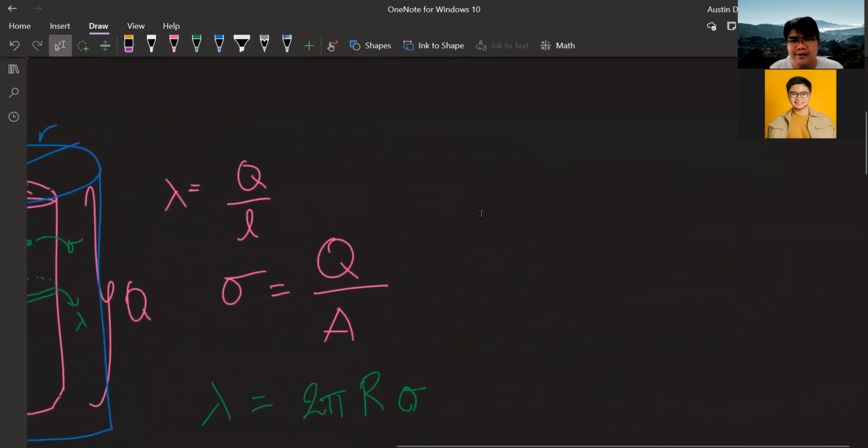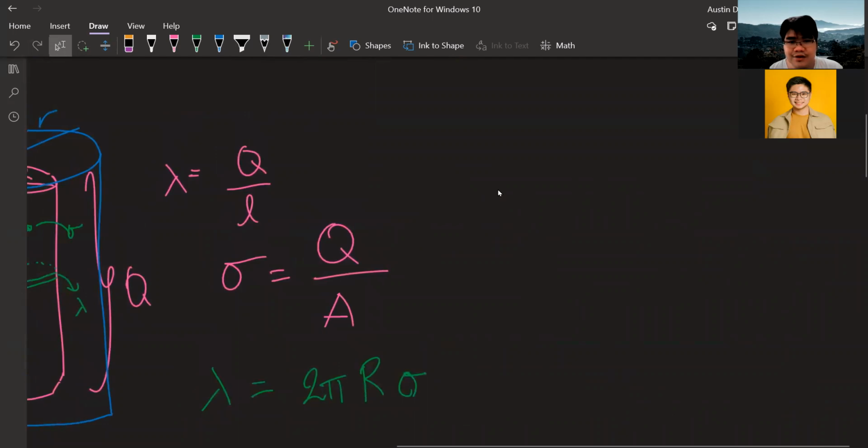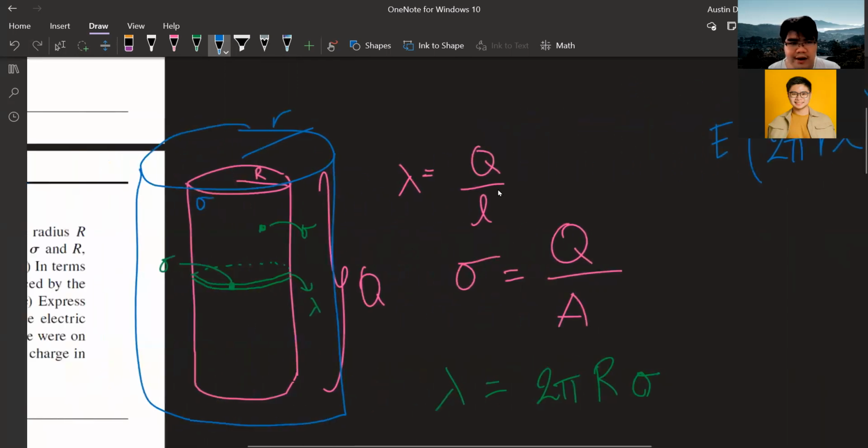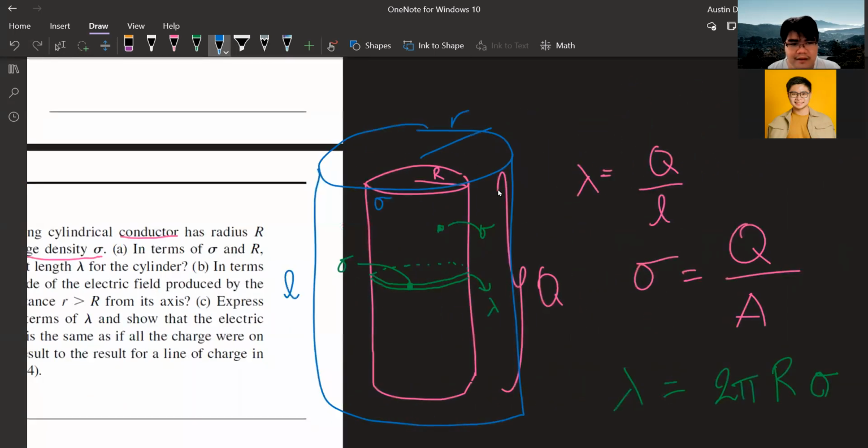Okay, kasi kahit gano'n kalaki yung Gaussian cylinder mo, Gaussian surface mo. Okay, so by the Gauss's law, E times the Gaussian surface, which is 2 pi r L. Okay, yung L niya would be some length.